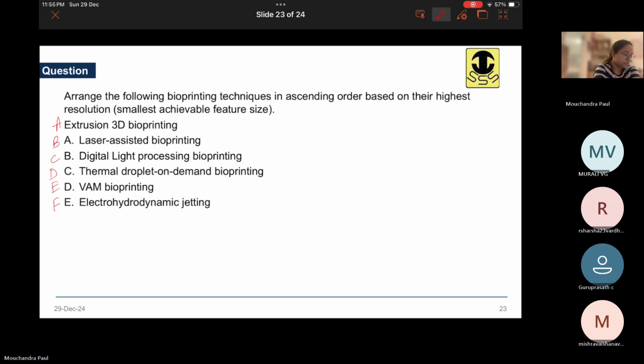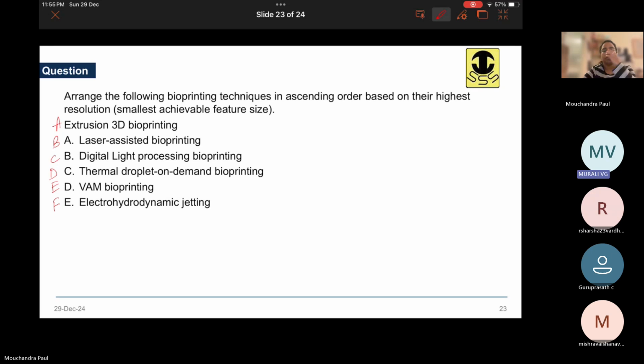So the highest resolution will come at the end, and the technique with the lowest resolution will come in the beginning. So if you recall, you can answer it. If you recall what we discussed when we were talking about the resolution part and all, you guys can answer them.